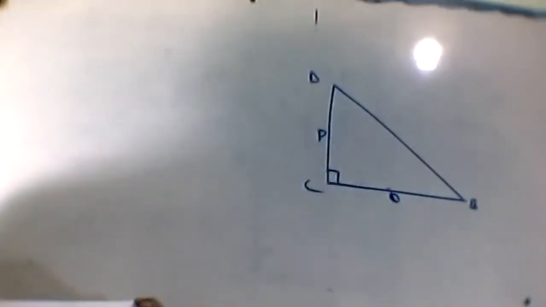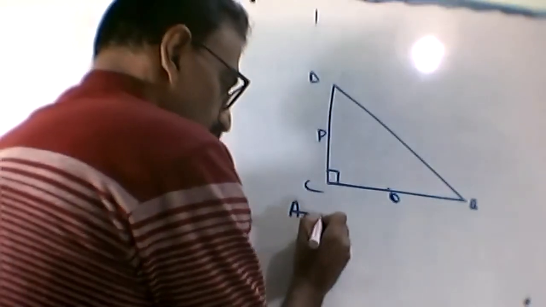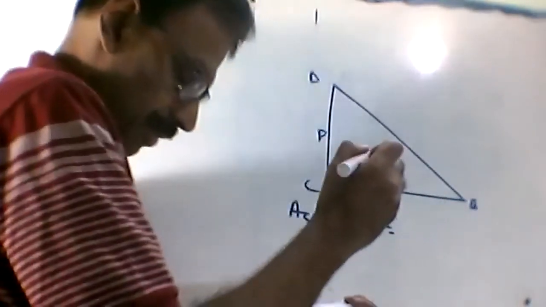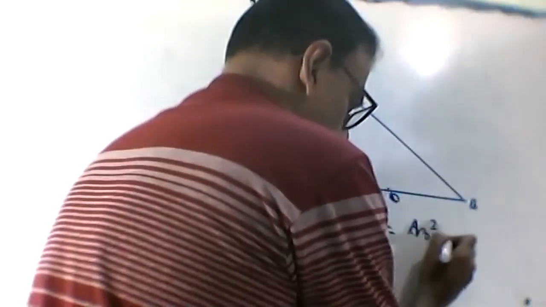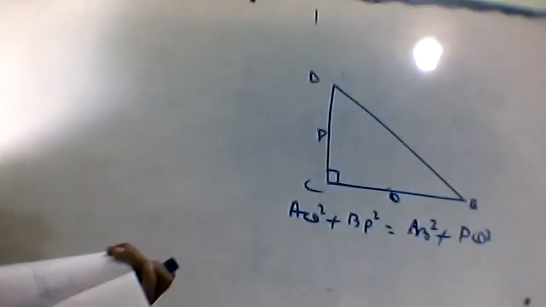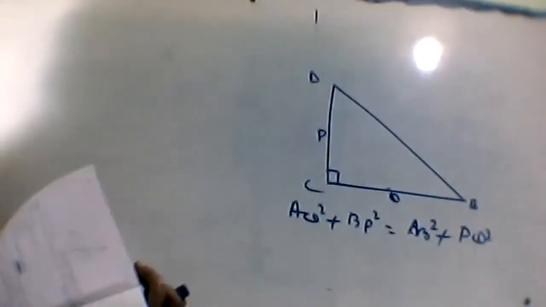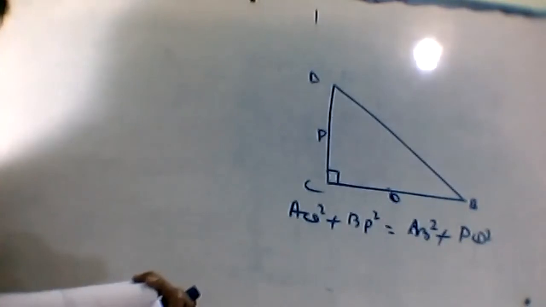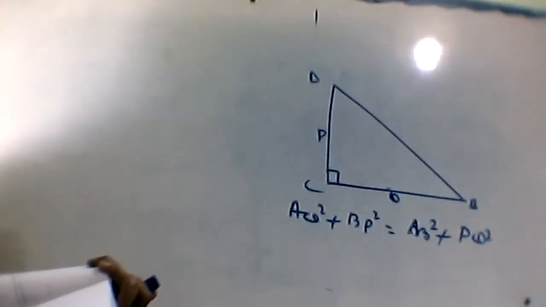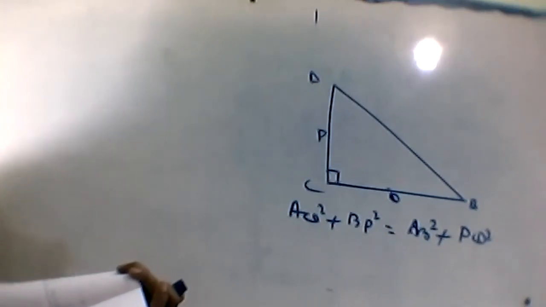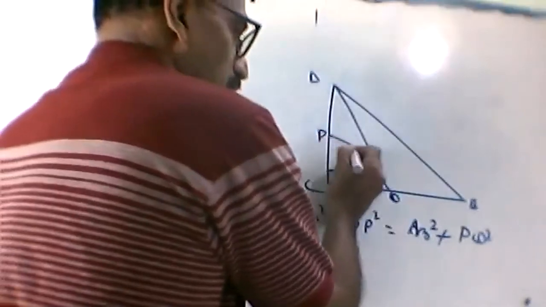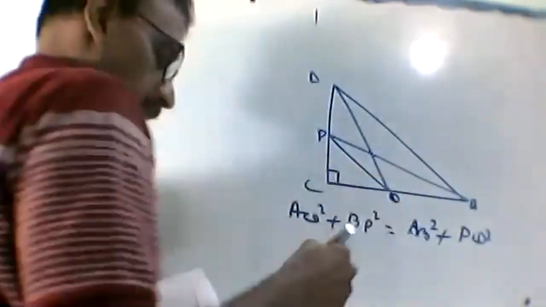Prove that AQ square plus BP square equals AB square plus PQ square. We join this one, this one, this one. Okay, try now.